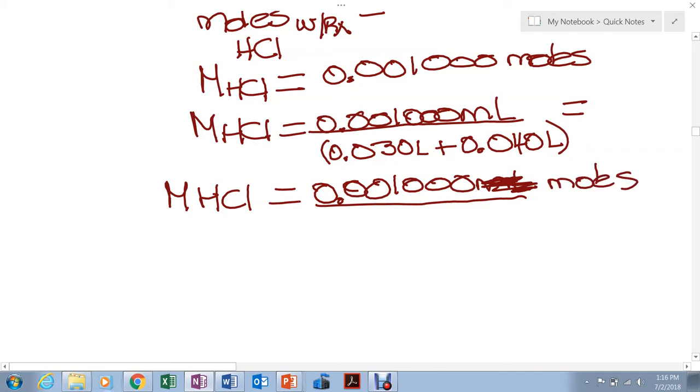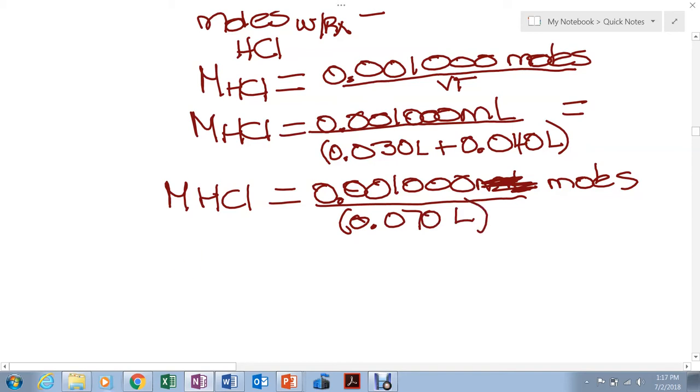Okay, 0.00100 moles from the excess acid. Okay, this is total volume. The total volume, and this is going to be divided by 0.070 liters.